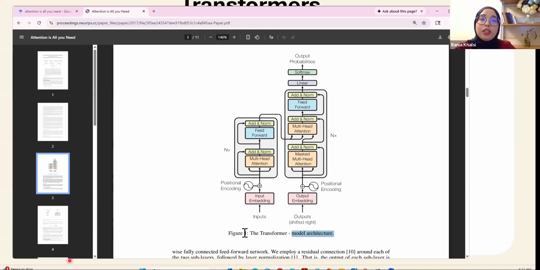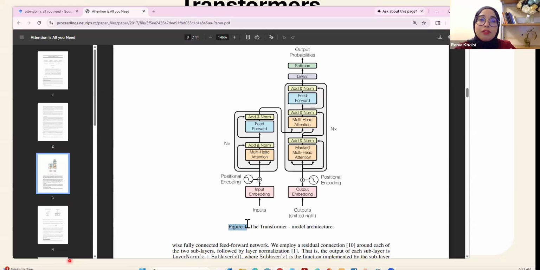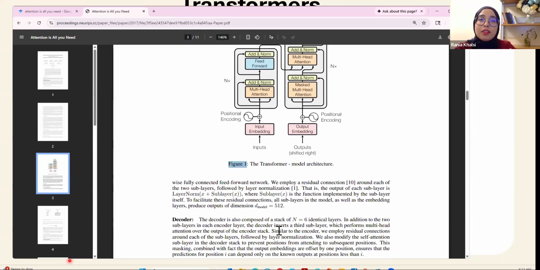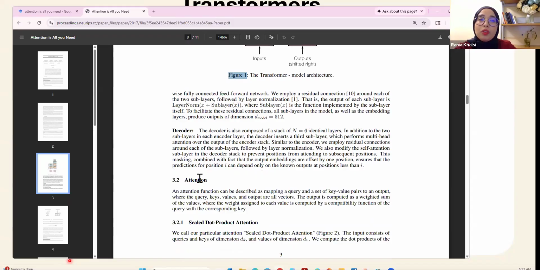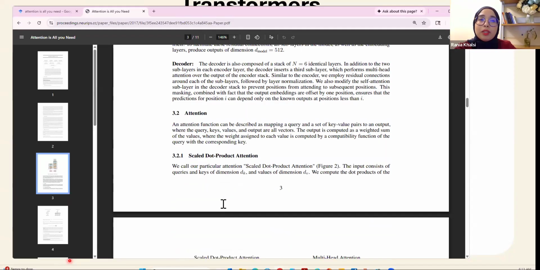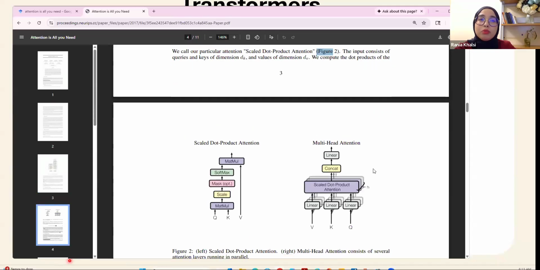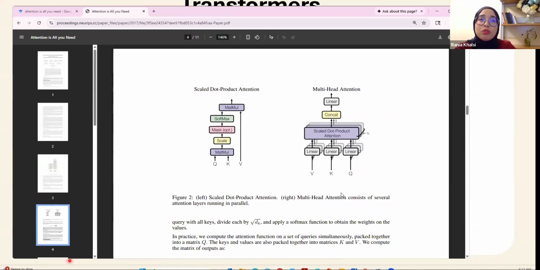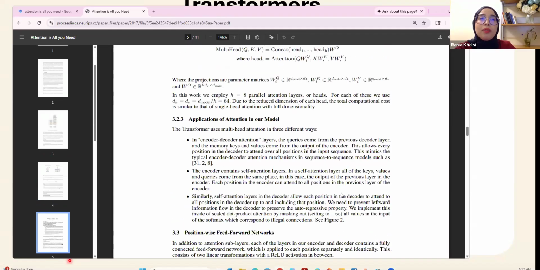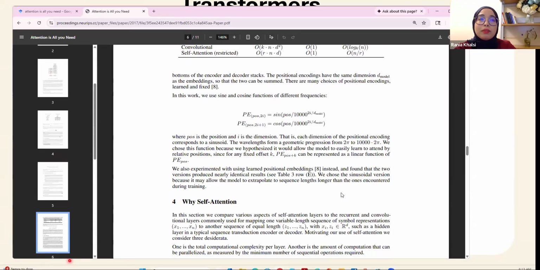If it's clear, then perfect. Otherwise, try to find wherever figure one is referenced in the text. That way, you only read the parts talking about figure one, or here, for example, figure two, and you go through the figures to try to understand what's going on. Okay, now your job is done.